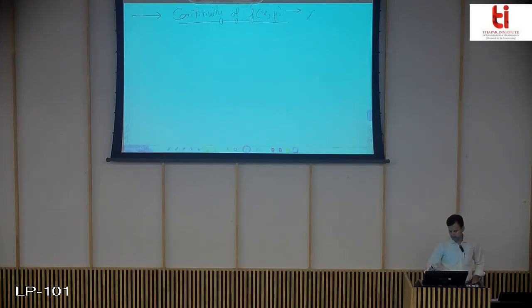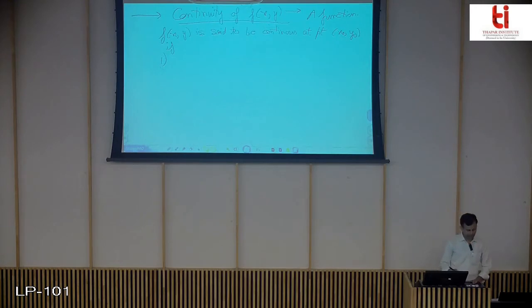So it says a function f(x, y) is said to be continuous at point (x0, y0) if, so this definition correlates with the definition that you have done for a single variable function.